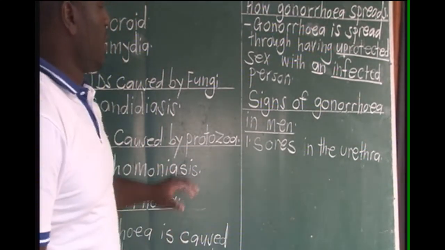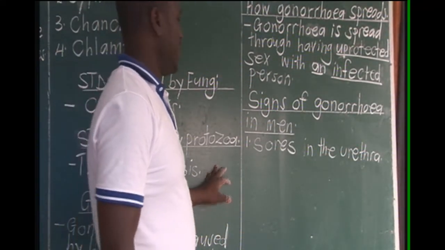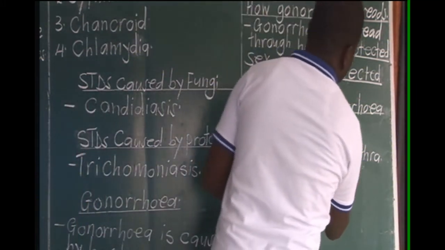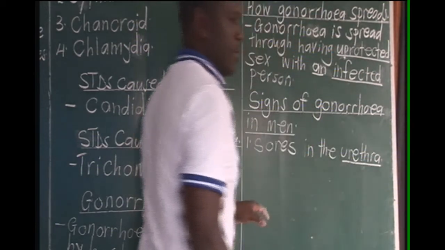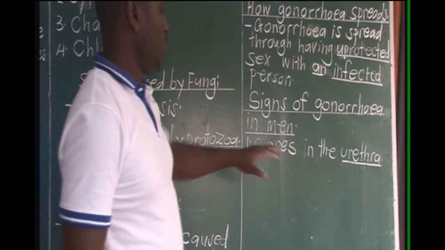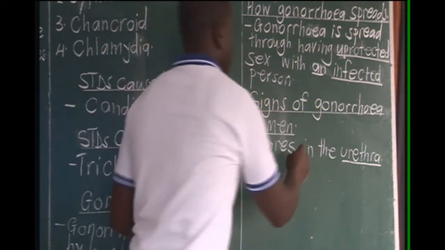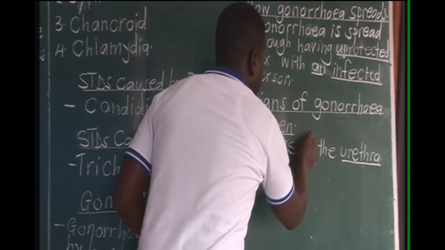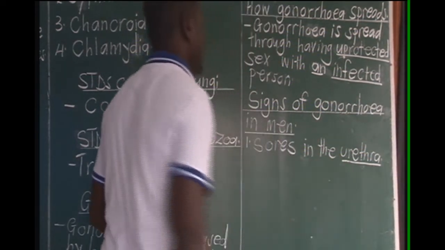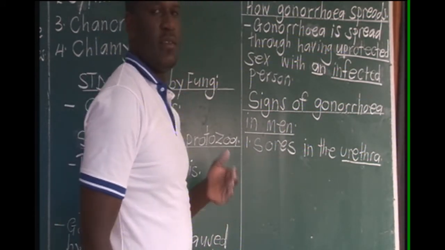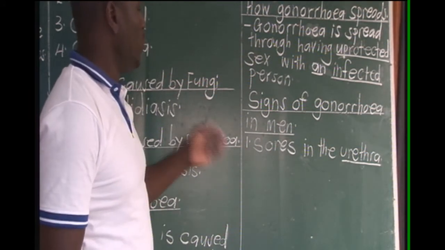I remember when we were looking at the organs of the reproductive system, we looked at a part called urethra, so you know what urethra is. So when I talk of sores in the urethra, I hope you understand what it means. Sores simply means wounds. So you develop wounds in the urethra.